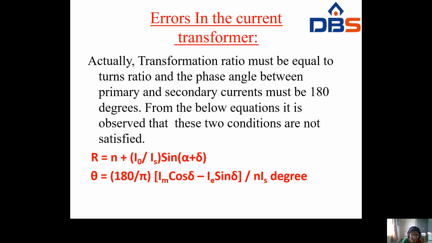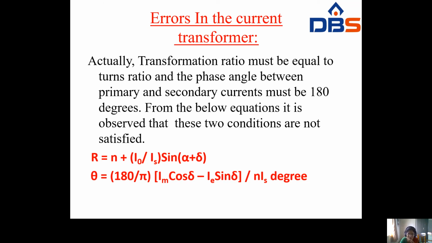So R equal to n plus I naught by Is sin alpha plus theta. So that means the nominal ratio, the transformation ratio, is not equal to the turns ratio. Similarly, the phase angle is also not exactly 180 degrees.